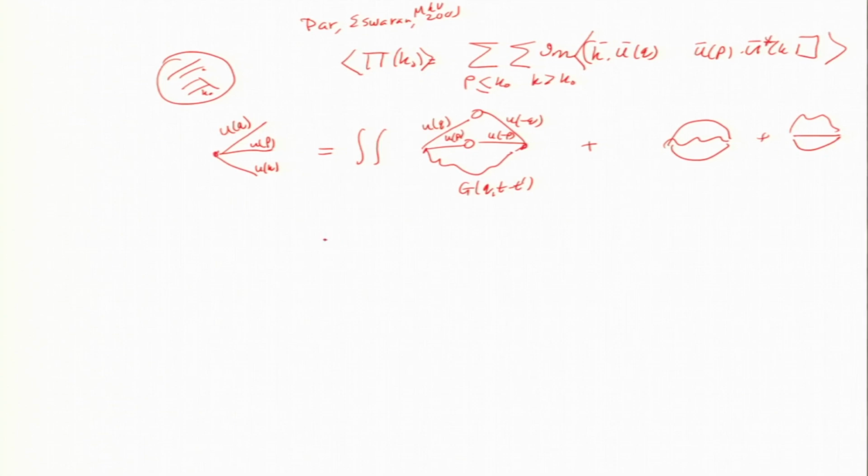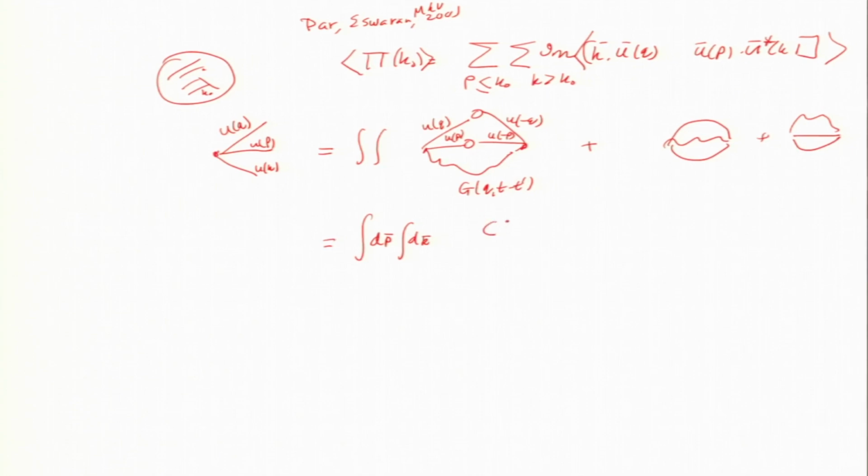So, what is this integral? Let us write the integral. Okay. So, dp dk. This p is a sum and k is a sum. Of course, one of them is within the sphere and the other one is outside the sphere. That will involve complications, but we will ignore that part.